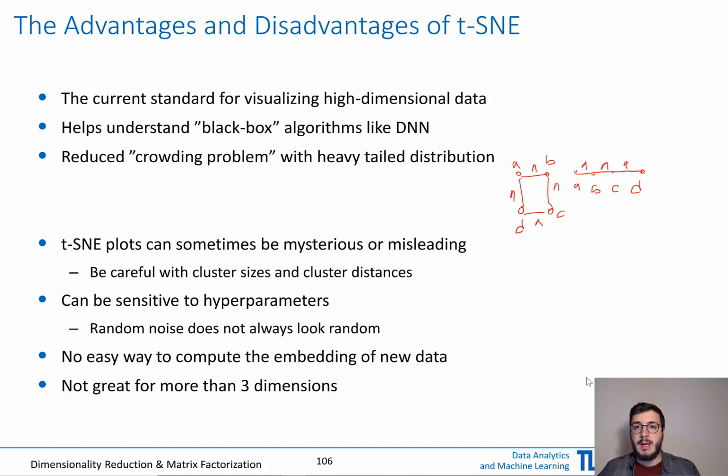And in general, in higher dimensional space, there's much more room to embed points equidistantly from each other compared to the room that you have to embed points in a low dimensional space.